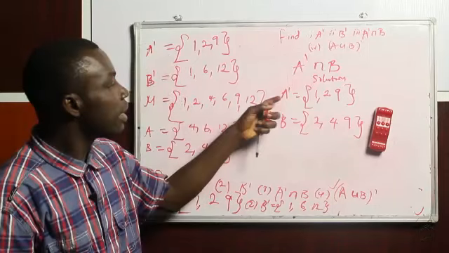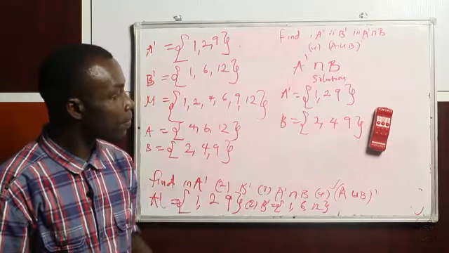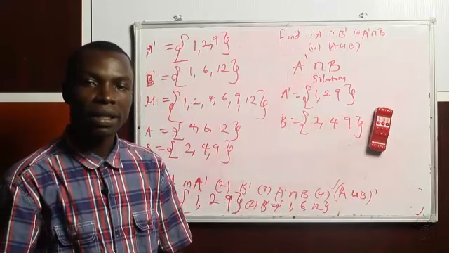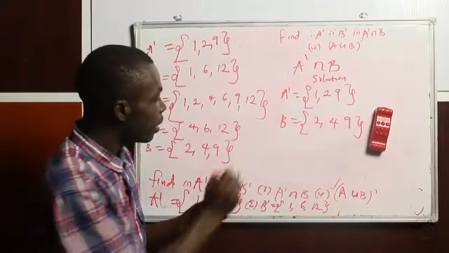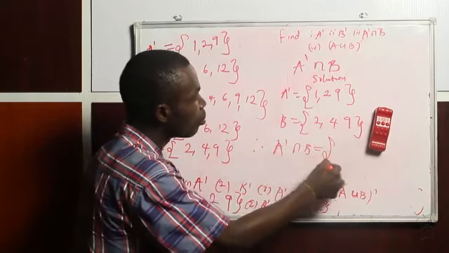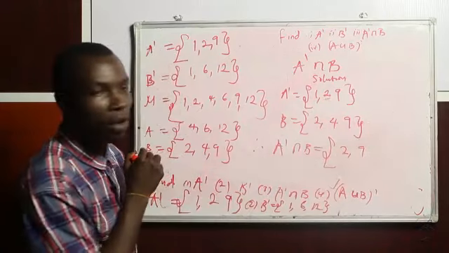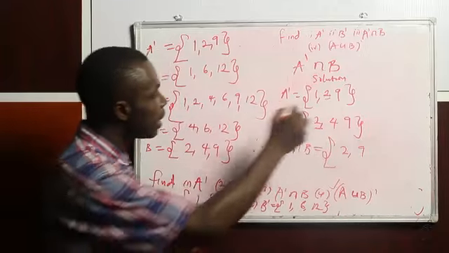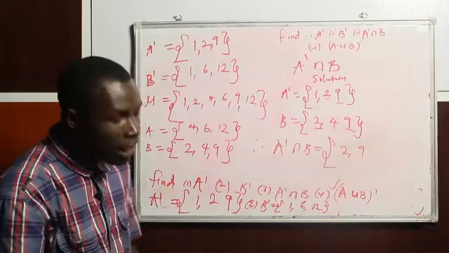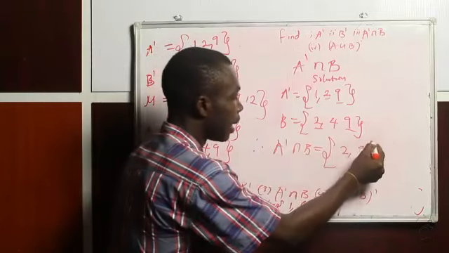So what are the elements that are common between A complement and B? We discovered that 2 and 9 are common, so they are called the intersect. Therefore, A complement intersect B is equal to 2 and 9, because 2 is in A complement, 2 is in B, 9 is in A complement, 9 is in B. Therefore, the elements of A complement intersect B are 2 and 9.